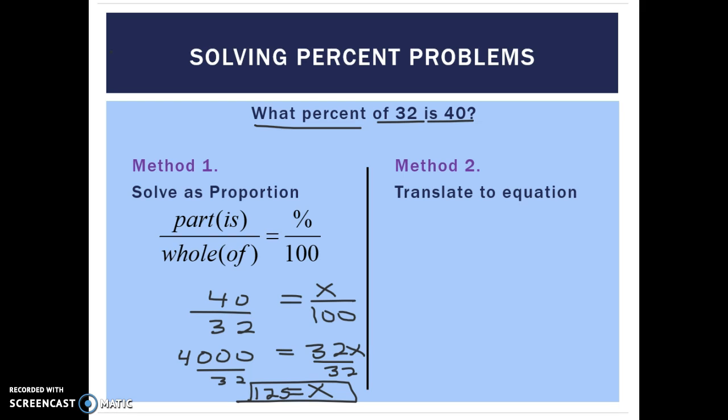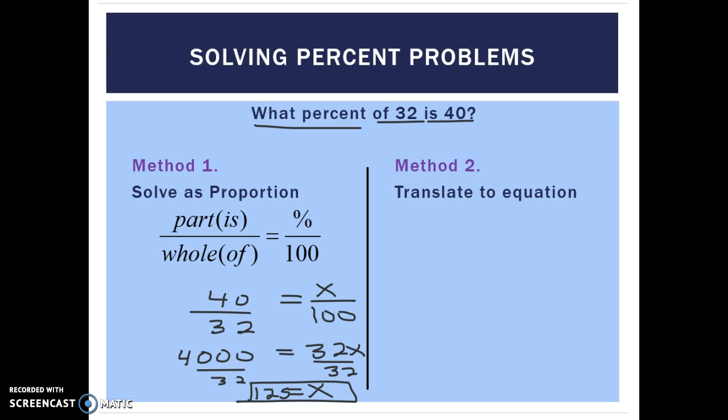And that makes sense because 40 is a larger number than 32. So 40 is 125% of 32. And again, if you check your answer, 40 divided by 32 is 1.25. And as a percent, 125 divided by 100 is also 1.25.